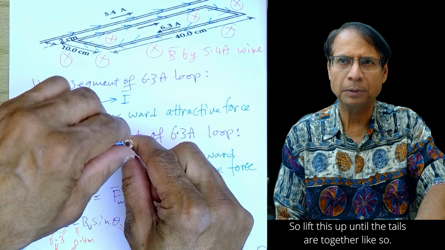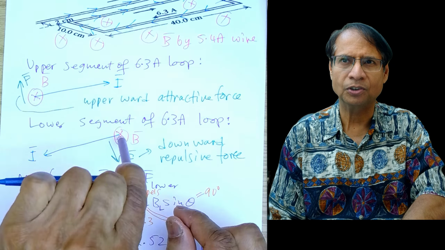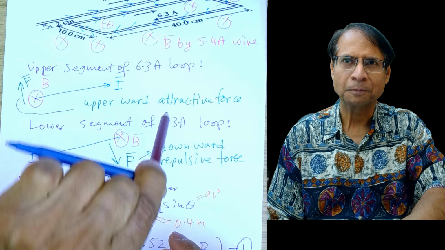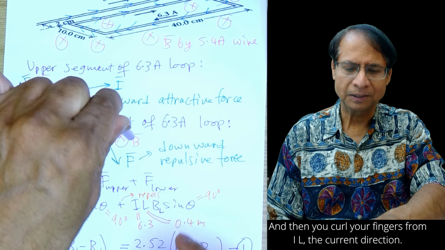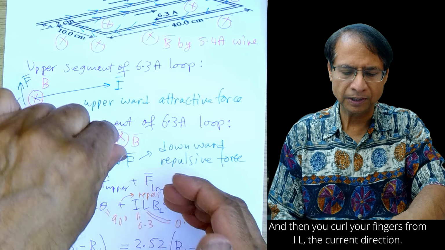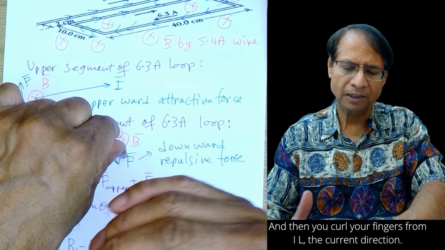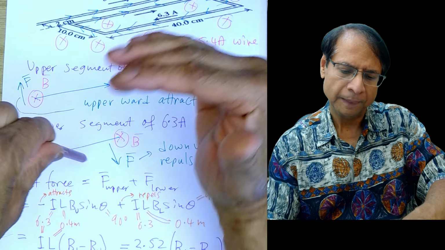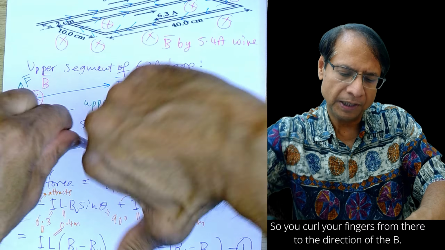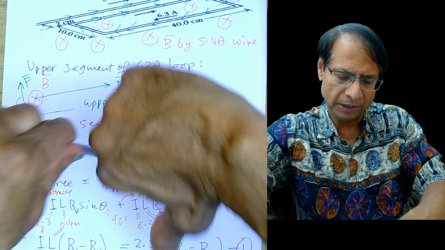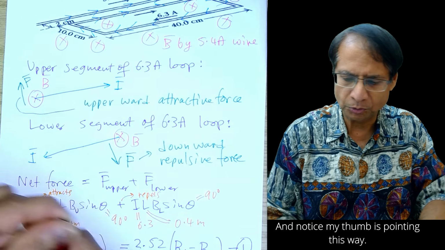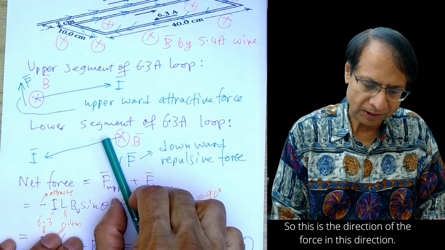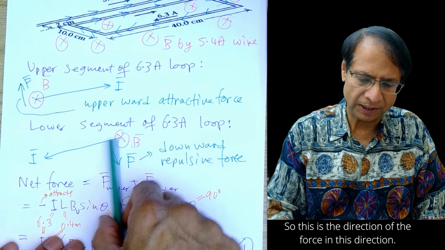So lift this up until the tails are together like so. There they are. Then you curl your fingers from IL, the current direction. The current is going this way, so you curl your fingers from there to the direction of B. And notice my thumb is pointing this way. So this is the direction of the force.